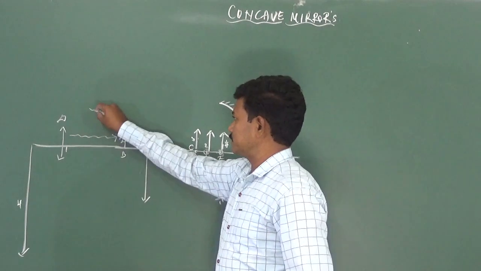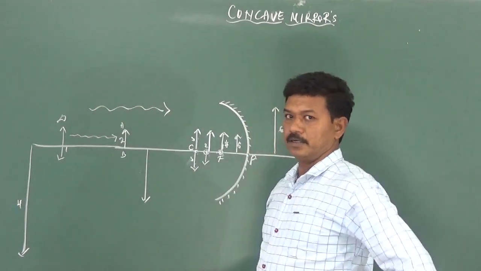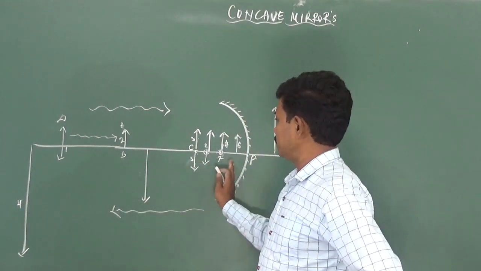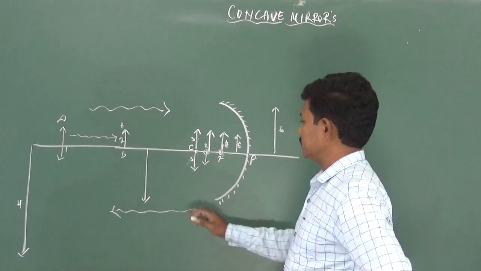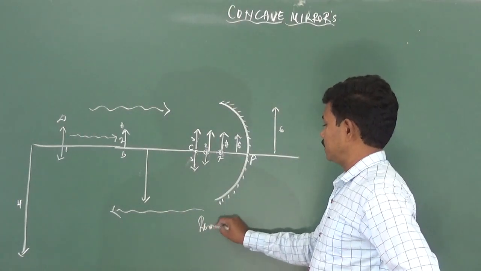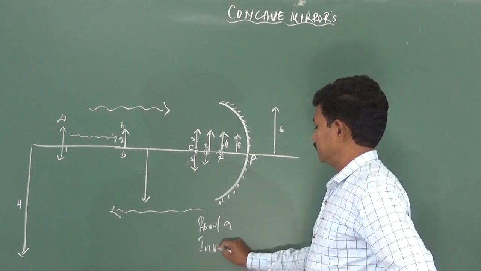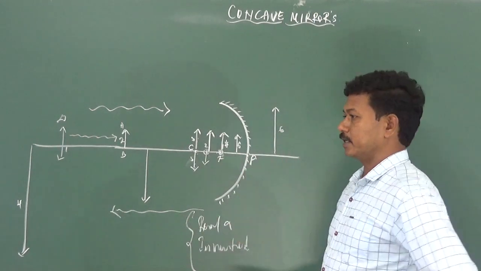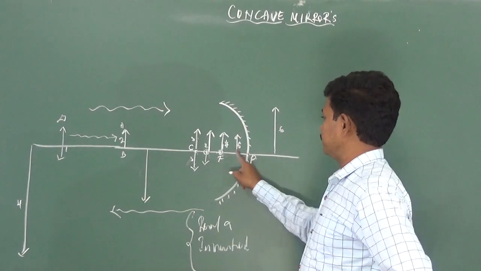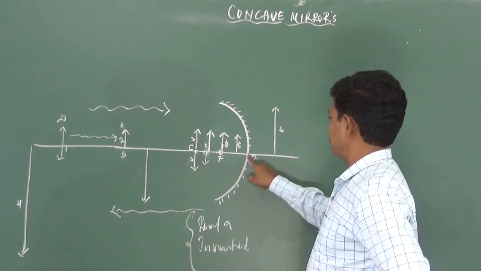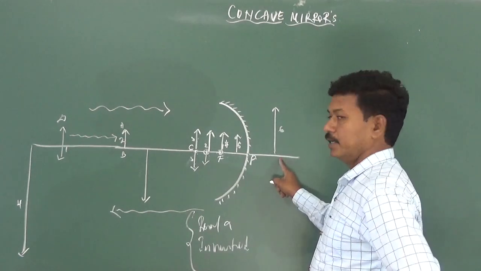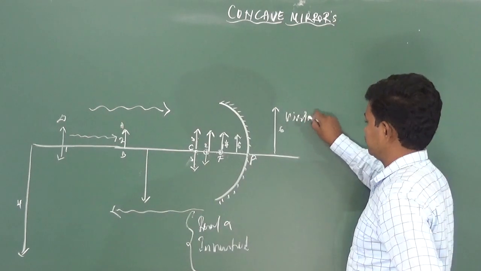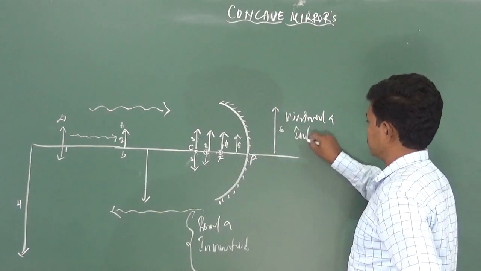As the object comes nearer and nearer to the mirror, the image of the object goes far away from the mirror. In all the first five cases, we can see that the images are real and inverted. In only one particular case, if the object is placed between F and P, the image will be formed beyond the mirror, which is virtual, erect and enlarged.